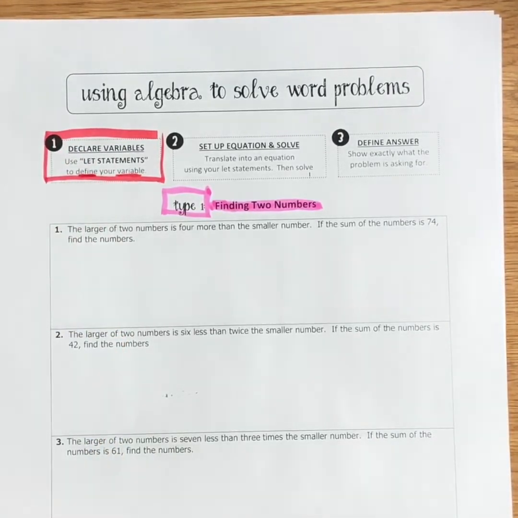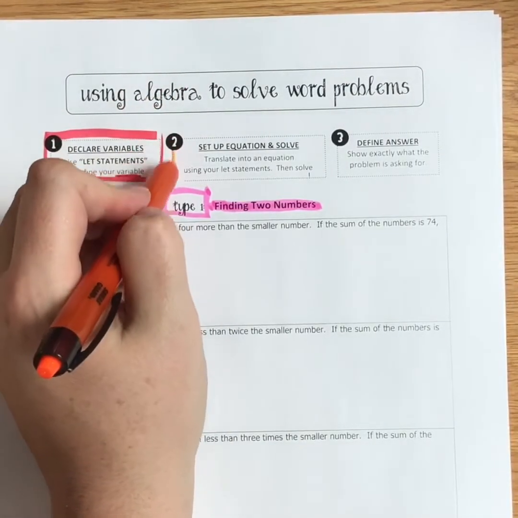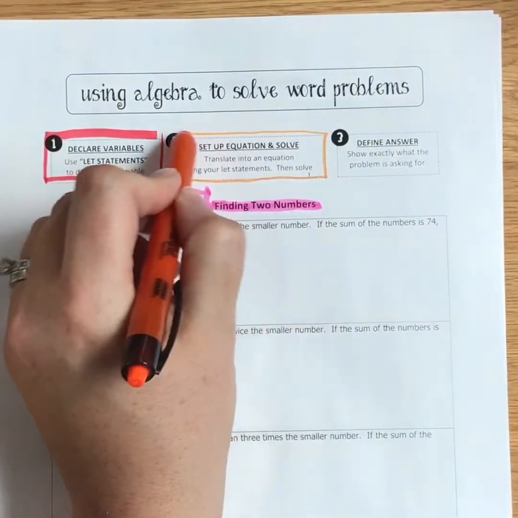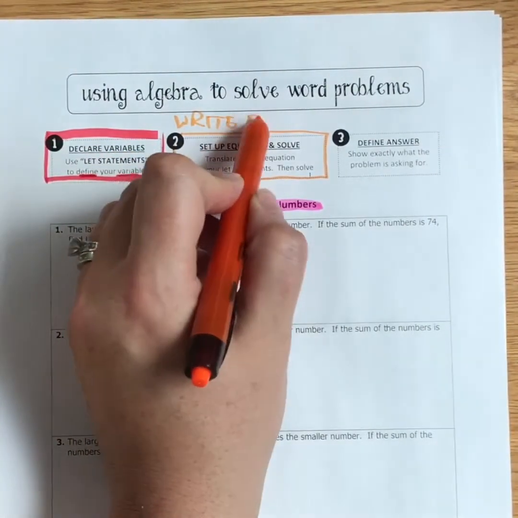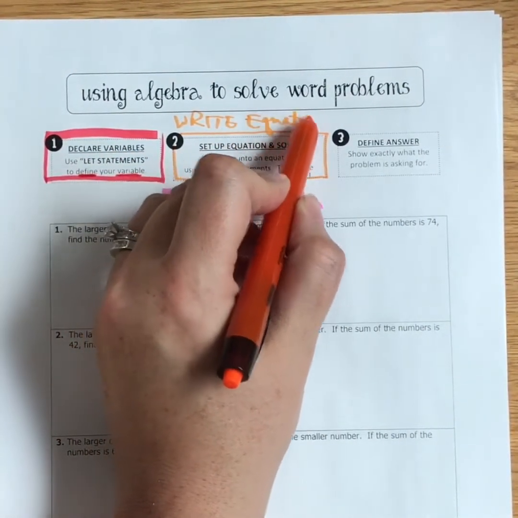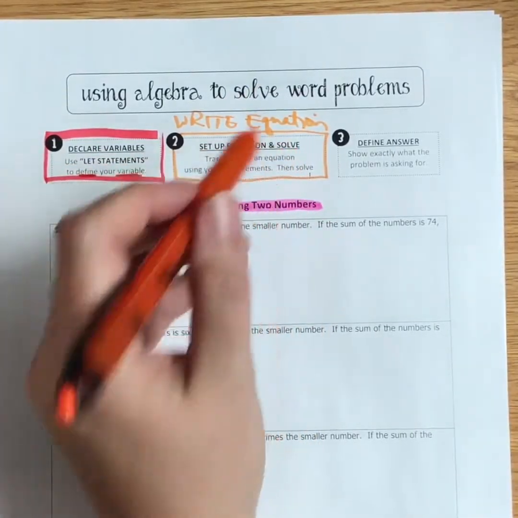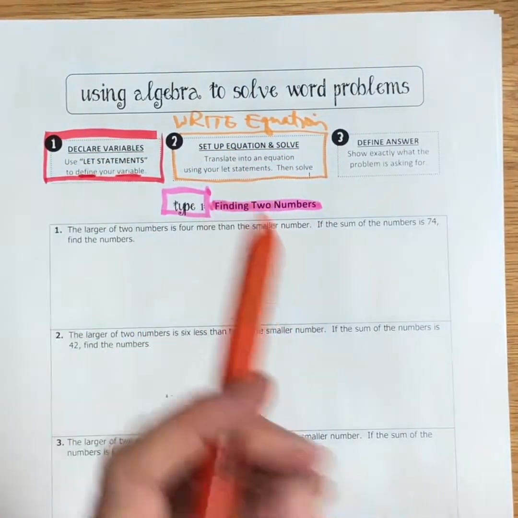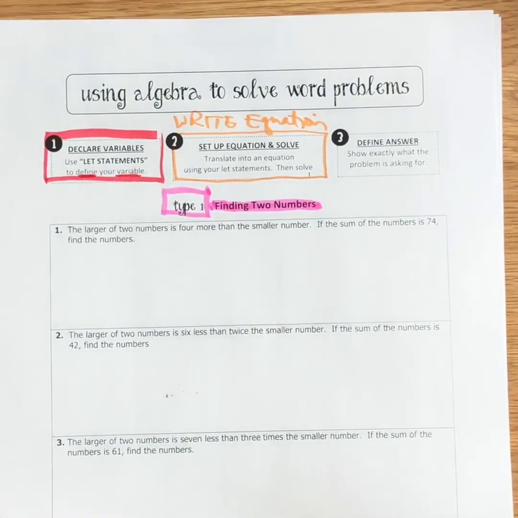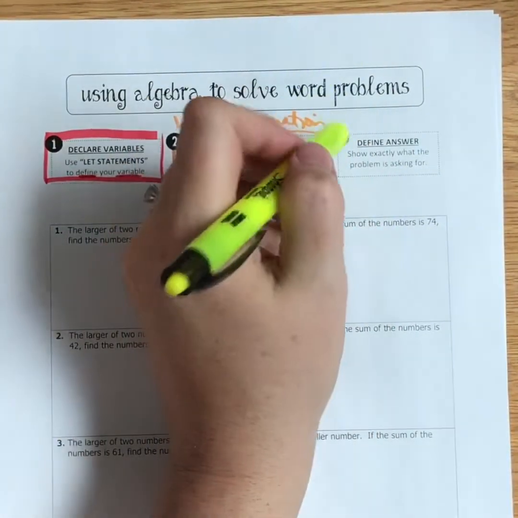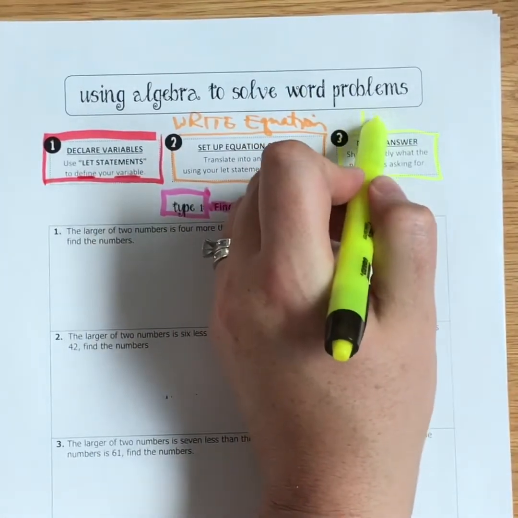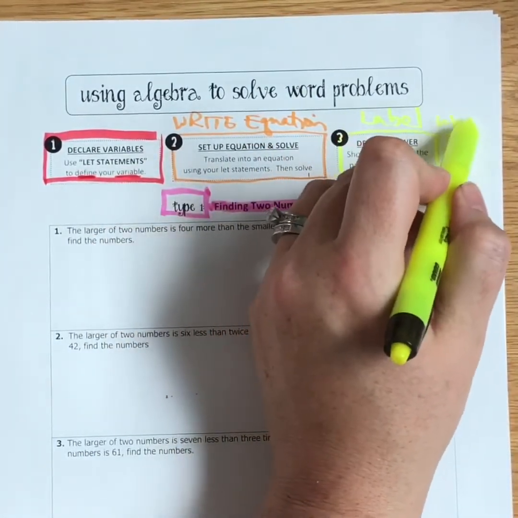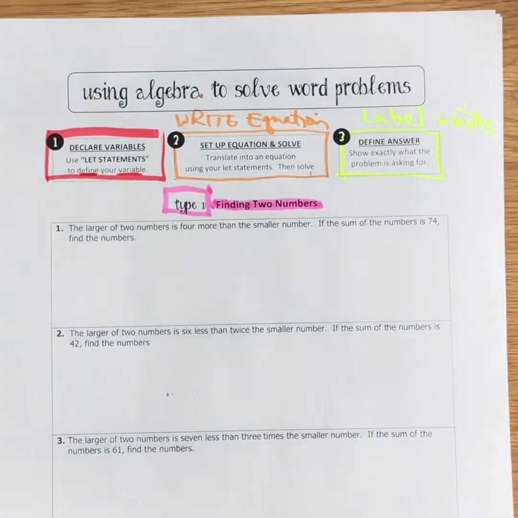So step 2, when we say set up your equation and solve, basically you're gonna write the equation and then obviously you'll solve it to find what x equals, okay?